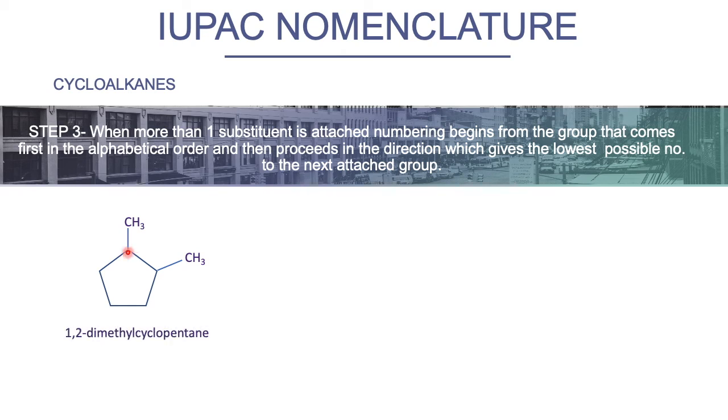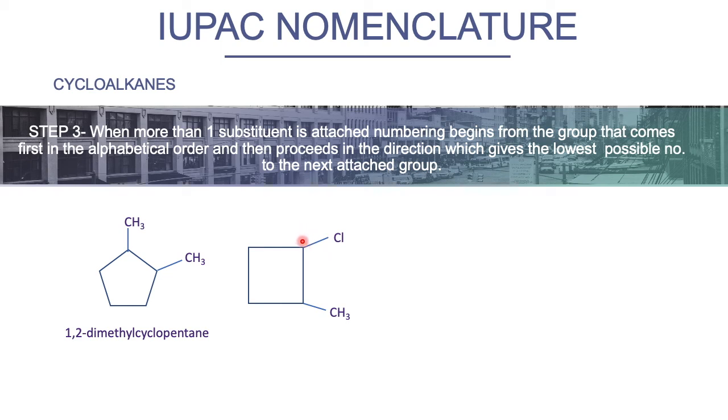This one is 1,2-dimethyl cyclopentane. What about this one? Again, we follow the same rules where we write the ones which is alphabetical first, and in case of cycloalkanes, we just give them the numbers first. So in this case, chloro comes before methyl, and now the numbering starts here.